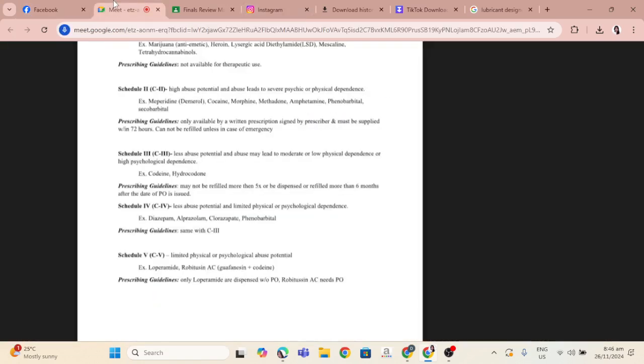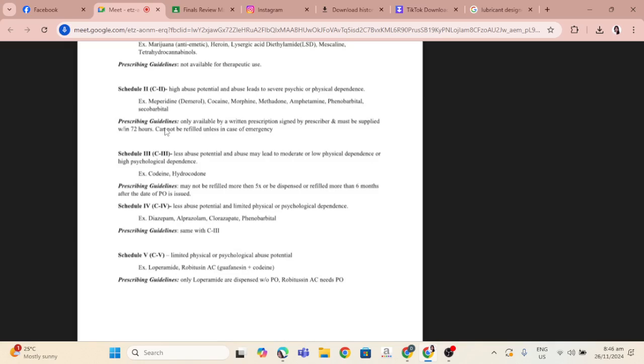So S3 naman. So for S3 or C3, these are medications that have less abuse potential, but abuse may lead to moderate or low physical dependence or high psychological dependence. This one is codeine or hydrocodone.